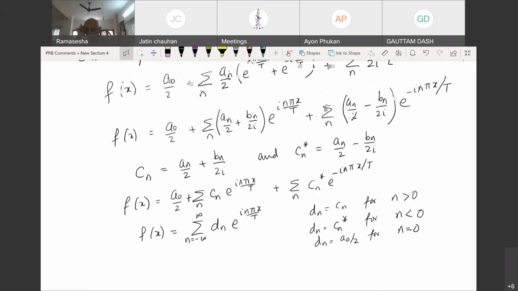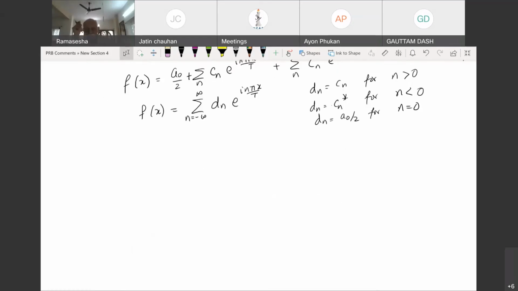And this complex Fourier series is what you use extensively in solid state physics, because you have periodicity over the entire lattice and you want to expand potentials, or other properties which are periodic, in terms of Fourier series. It makes it much simpler to solve the problem, because it exploits the translational symmetry of the lattice.